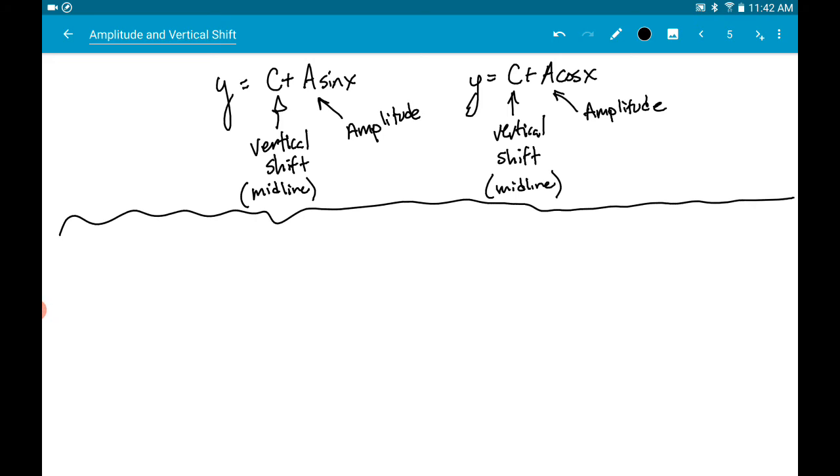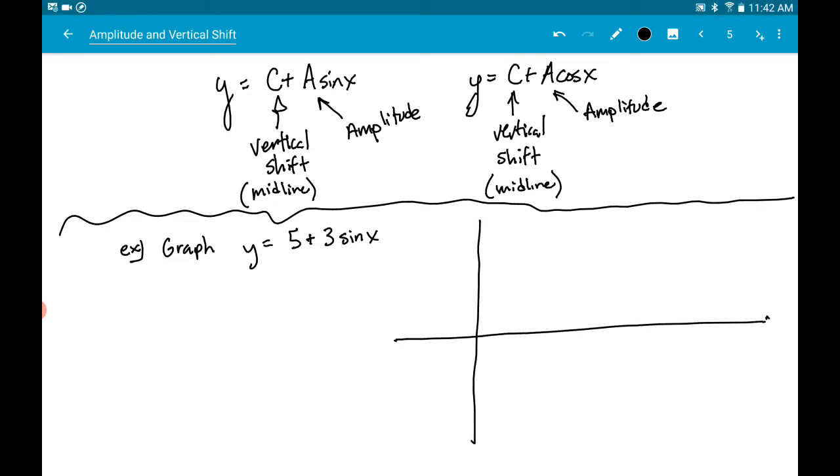So let's do one that has both an amplitude and a vertical shift. Let's graph y equals 5 plus 3 sine x. Again, we're trying to do this quickly, and without technology, emphasizing what the 5 and the 3 do to the graph. All right, so here's what I would personally do.